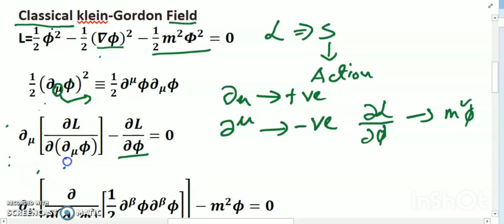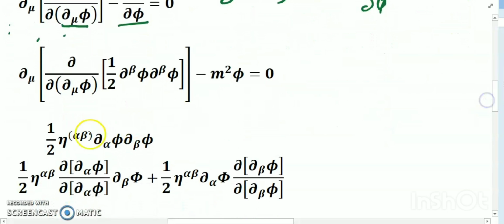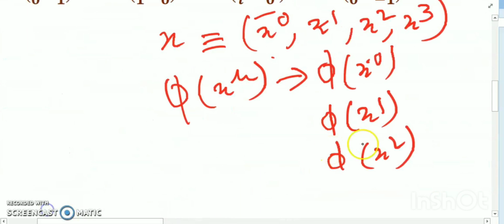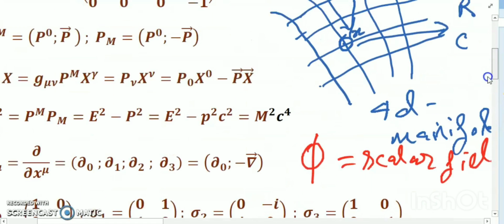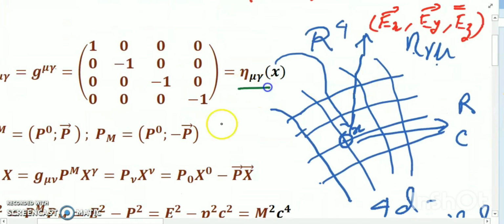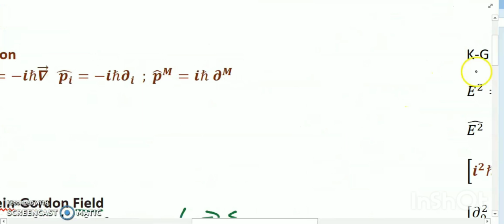So it is the derivative with respect to the gradient, and this portion is the metric, which I have already discussed. You will see that this matrix is equivalent to this matrix, with indices mu, alpha, beta.